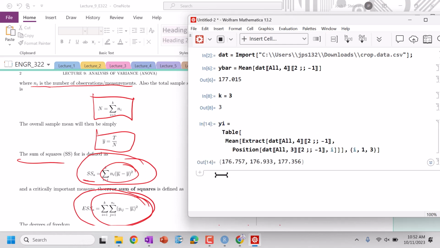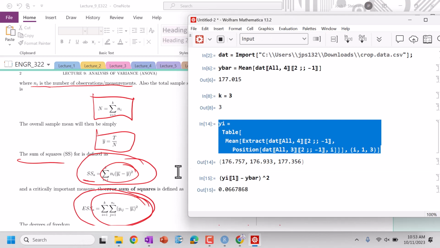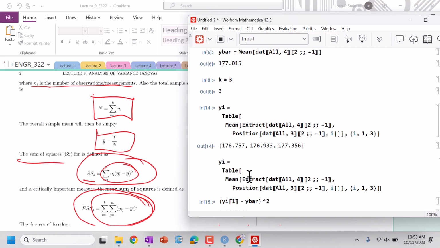So now I can do my Y sub i, the first one, minus my Y bar squared, times, now I actually have to look at, instead of the mean here and extracting each of these, I can find the number of each of the i's by looking at the length. So I want the length of each of these data sets.